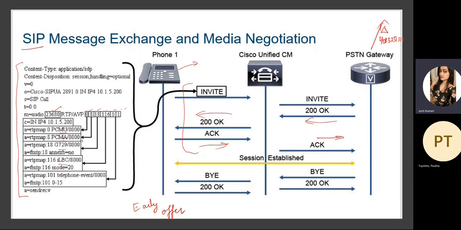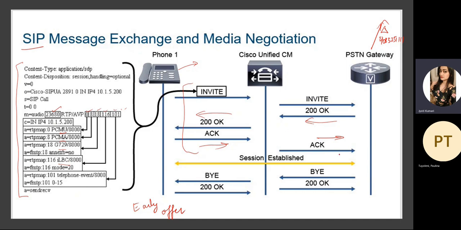So all these parameters are sent by phone one, and will be exchanged and matched with the destination also. Once these parameters are matched, let's say a common codec is found, and the port number, supported bandwidth, everything has matched successfully, it will send an OK message here, right?